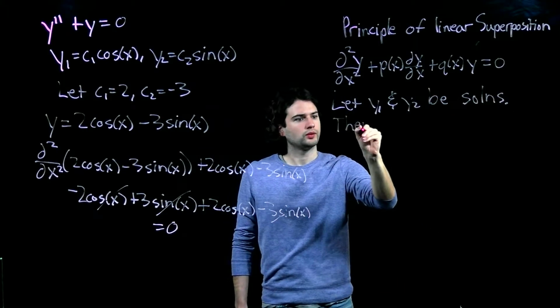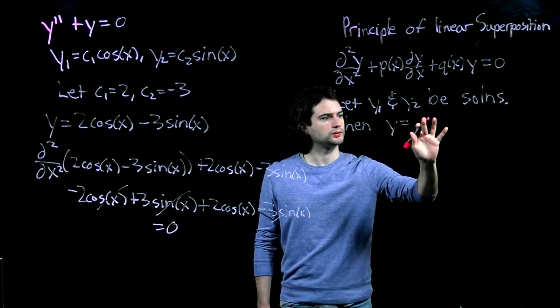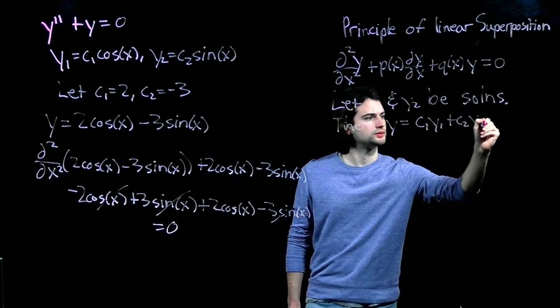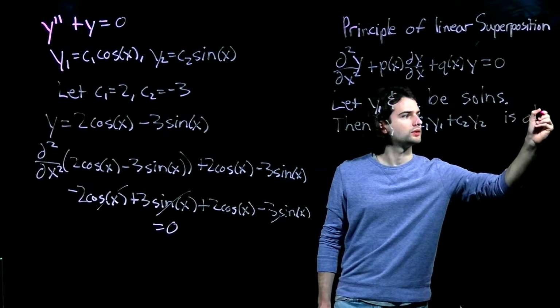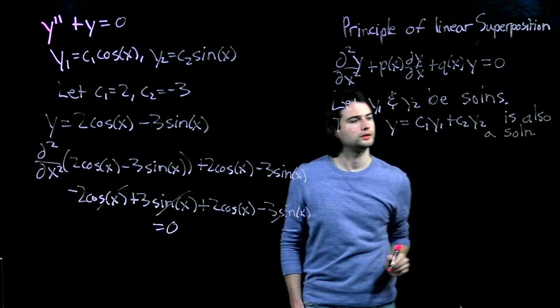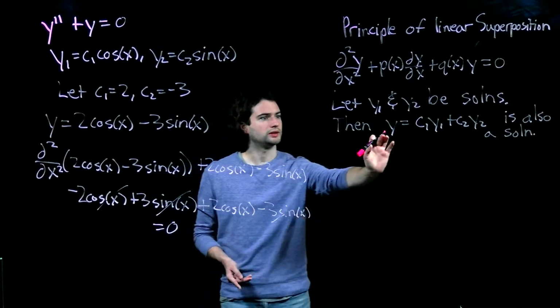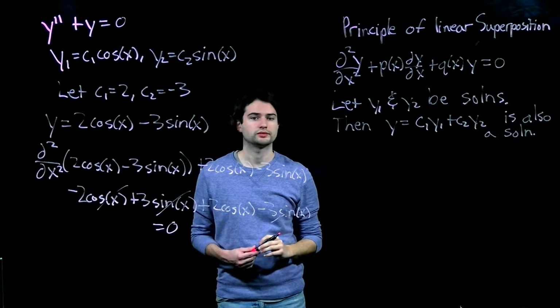Then y equal to c1 y1 plus c2 y2 is also a solution. So what we should do is just plug in y here to actually see if this is in fact a solution to our differential equation.